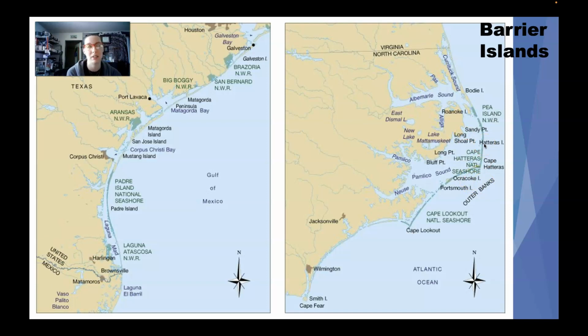Everyone's going to get a ton of wind and rain, but with tropical cyclones, you're going to have a ton of wave energy from all of this built up energy as the tropical cyclone progresses its way over the ocean. So it's generally not recommended to be on barrier islands.